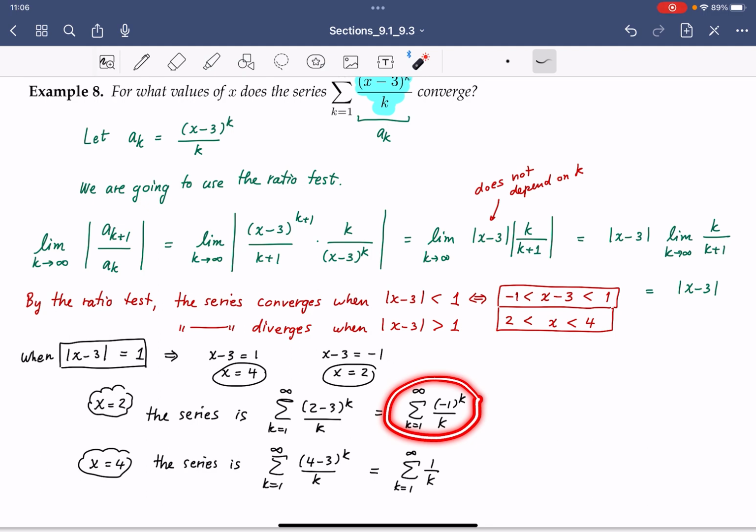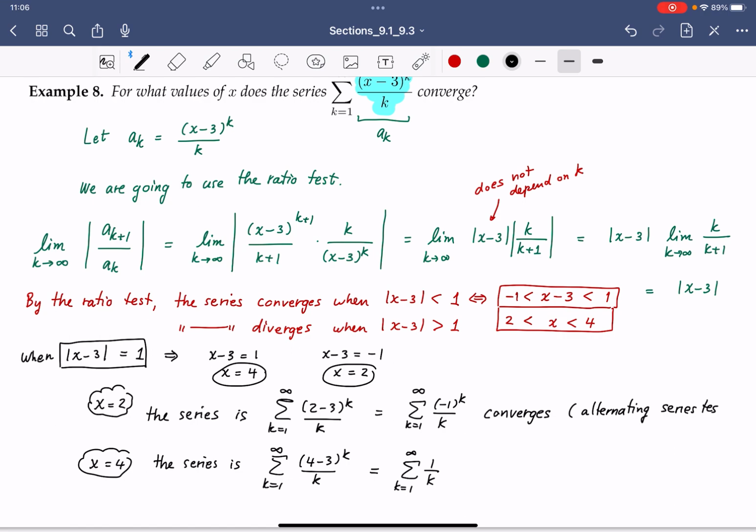Do you remember? This is a series that is convergent by the alternating series test. But just 1 over k is a series that is divergent, by the p-series or the harmonic series.